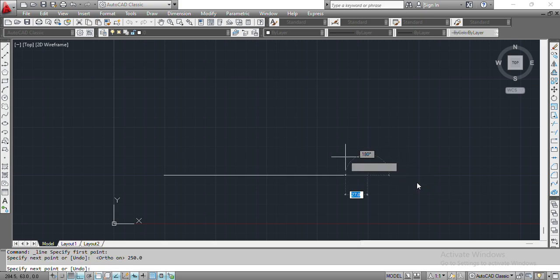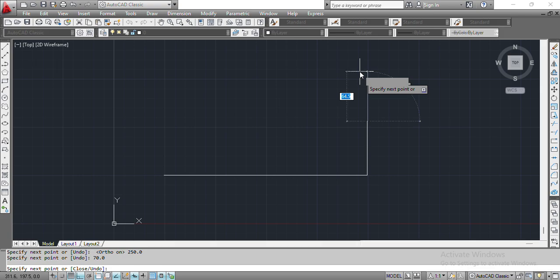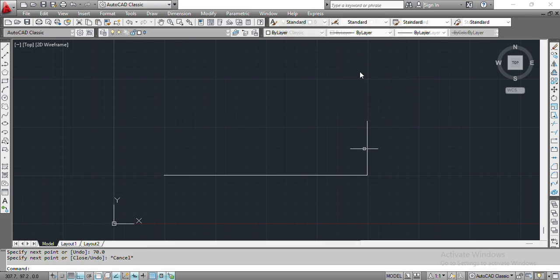After that we are going to draw a horizontal line of approximation of 70.0. So with this we go back to the drawing.